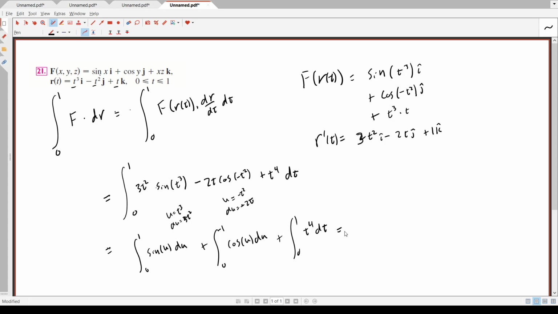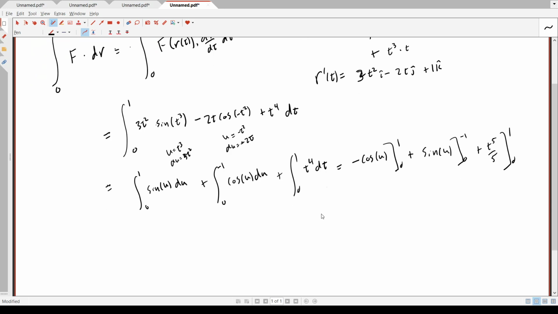Okay, so the integral of sine of u is negative cosine of u from 0 to 1, plus the integral of cosine is sine from 0 to negative 1, and then plus t to the 5 over 5 from 0 to 1.